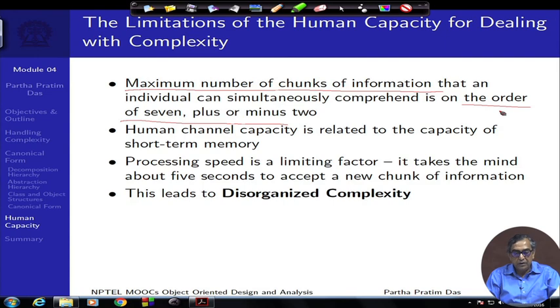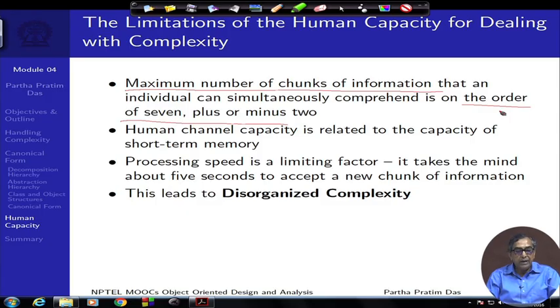Now, for some it could be a little less, for some a little more, but it is around that number. Now, this chunk of information could be anything. It could be independent concepts, it could be the number of variables in a function, it could be the different components or different important things that you see in a picture and so on.